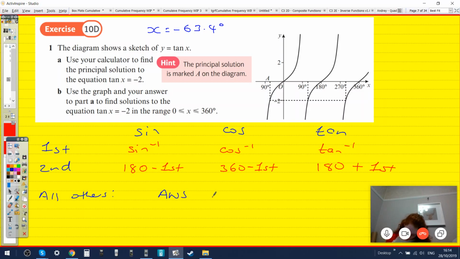116.6. And that is 116.6 degrees. And let's see, so we wanted all the answers between 0 and 360. So this minus 63.4 is outside that range. So that won't count. So how can we get an additional answer?